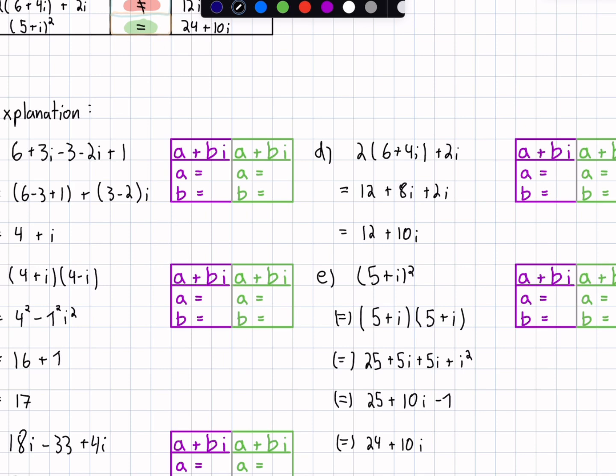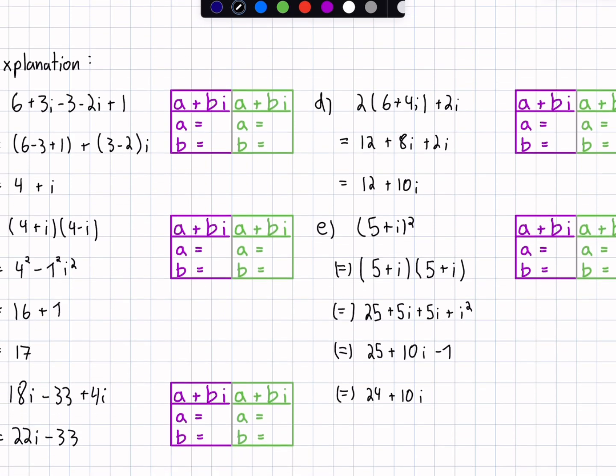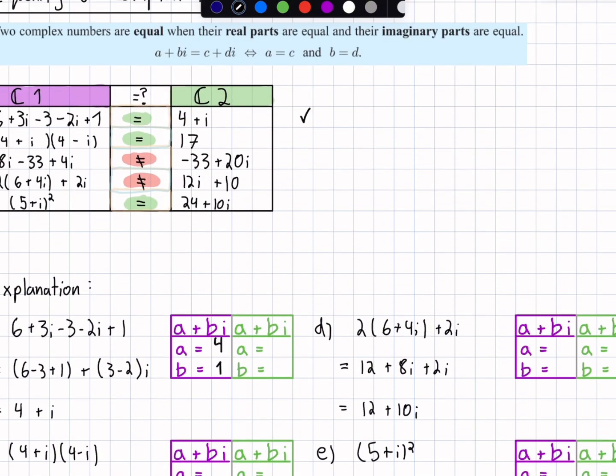Here's an explanation of all the steps taken to find the results. So we can see on the left-hand side, our A will be 4 and our B will be 1, which is correct up here, as it is also 4 and 1.